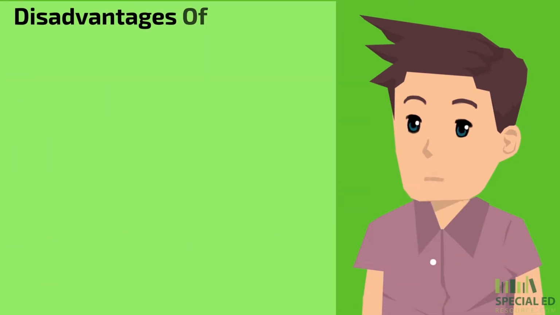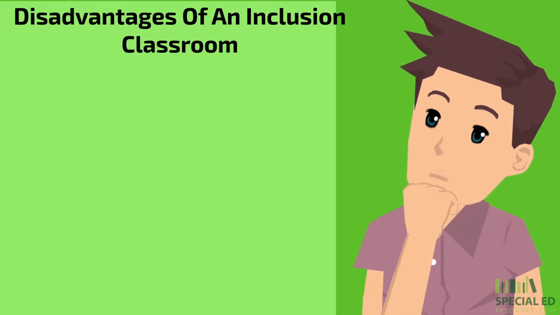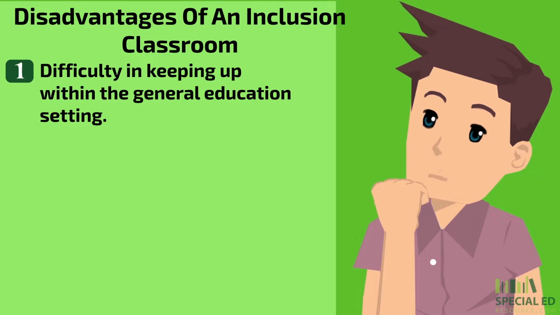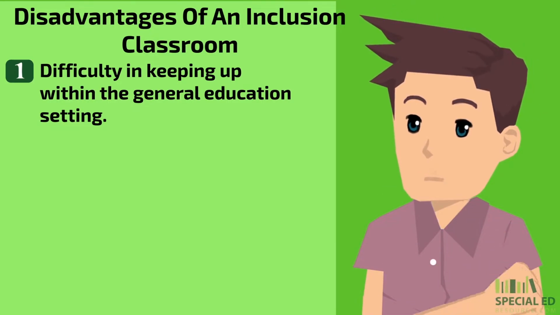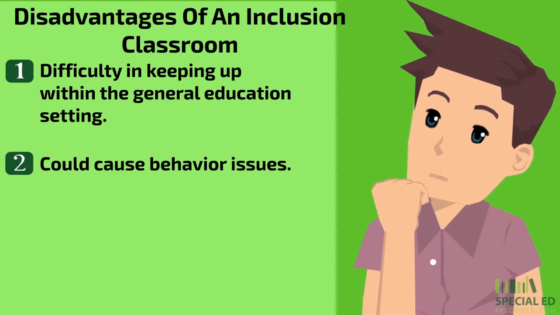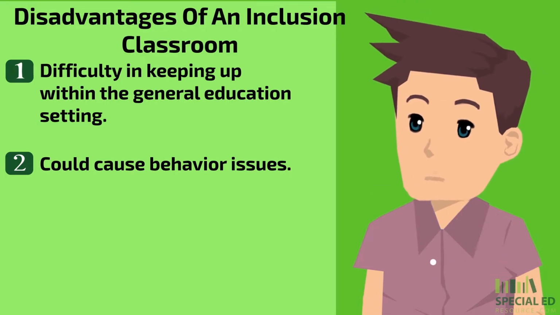Now on to the disadvantages of an inclusion classroom. Number one, students may have a difficult time keeping up in the general education setting. Number two, students may get frustrated and possibly disruptive within the classroom if they don't understand the material.